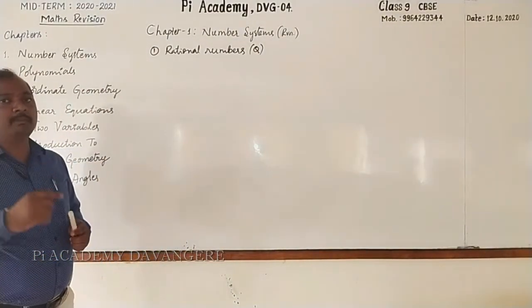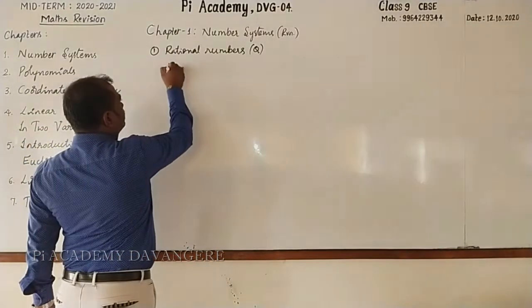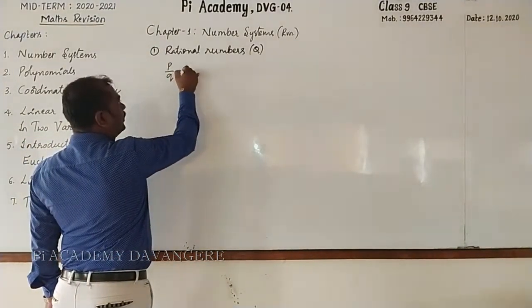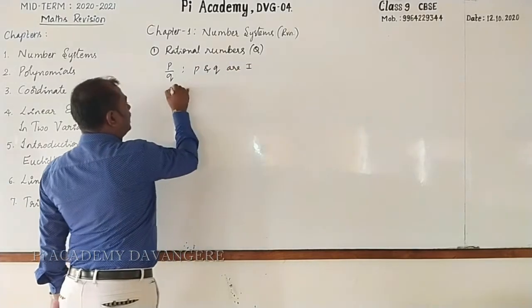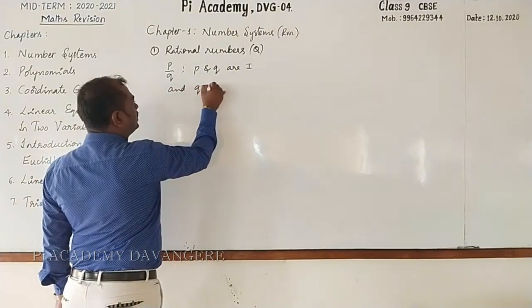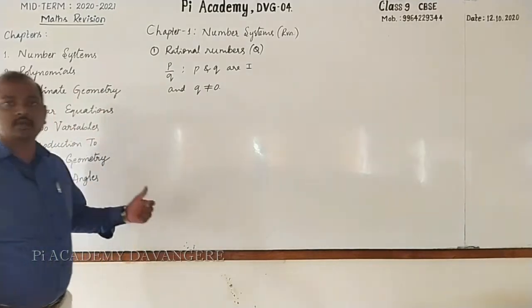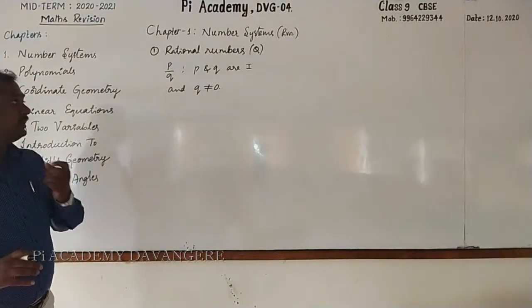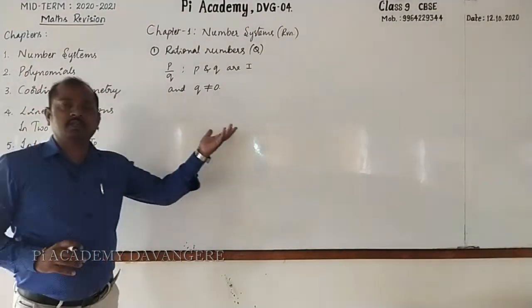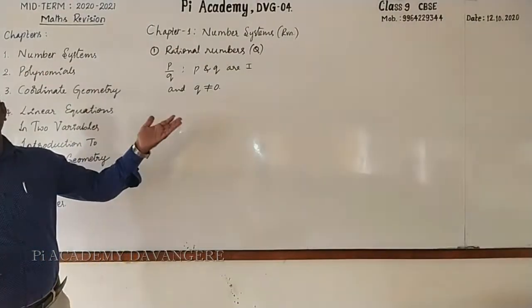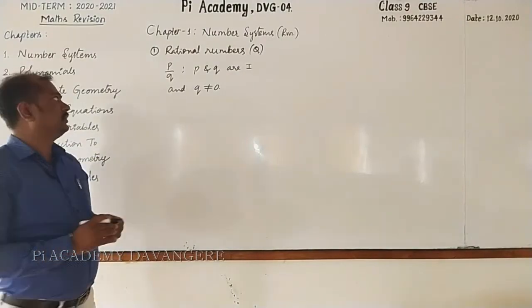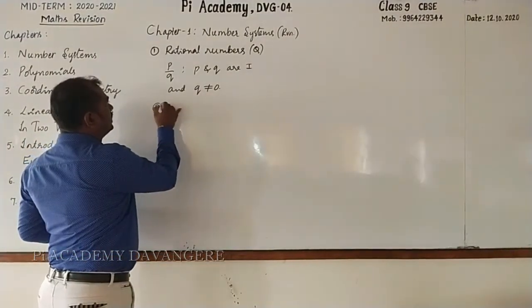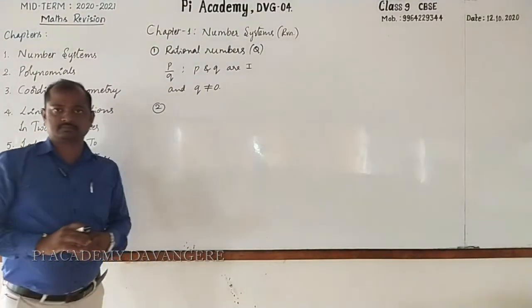Yes, a number which can be expressed in the form of p by q, where p and q are integers and q is not equal to 0, is called a rational number. Then we can give plenty of examples, 1 by 2, 3 by 7, 11 by 4, minus 2 by 6 and so on.